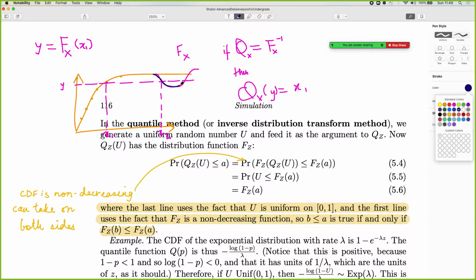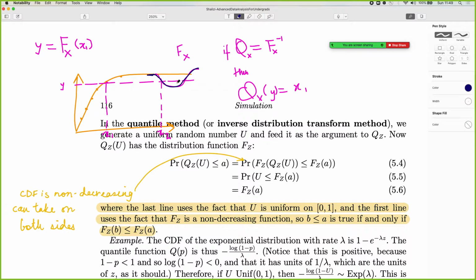I shouldn't have used pink for all of that. Anyway, the point is, if this decreases later, it is not non-decreasing. Okay.